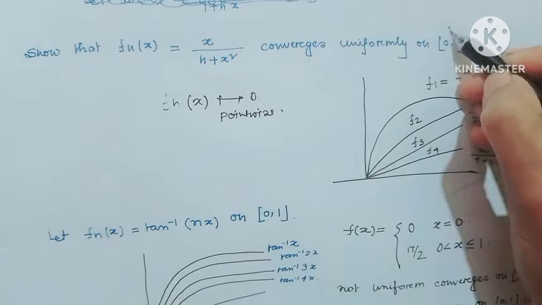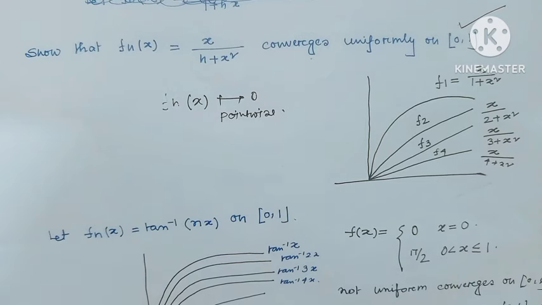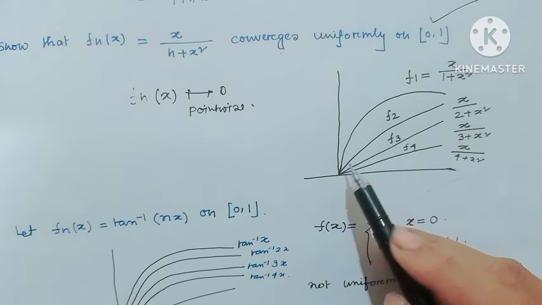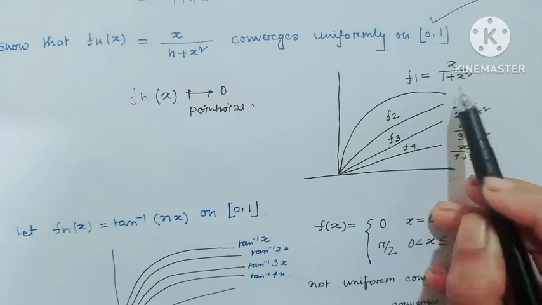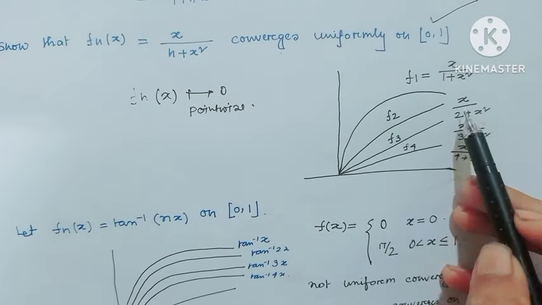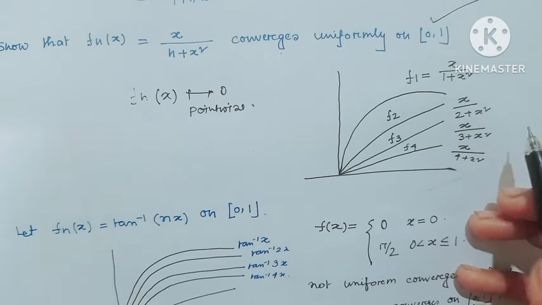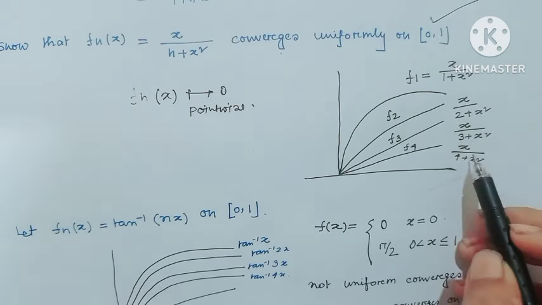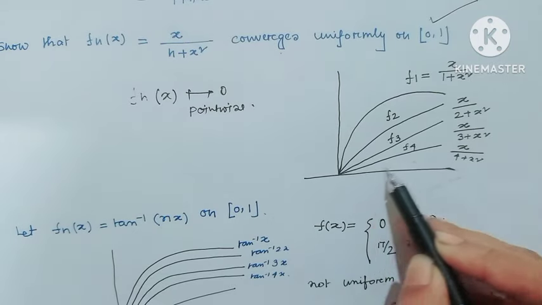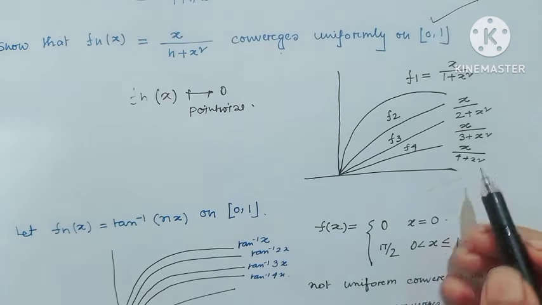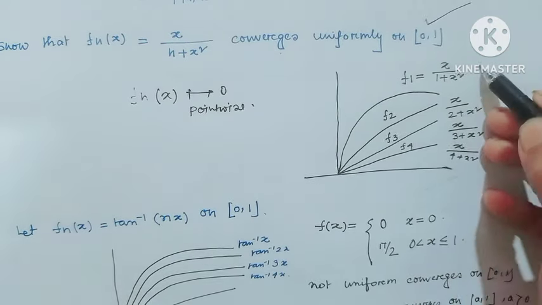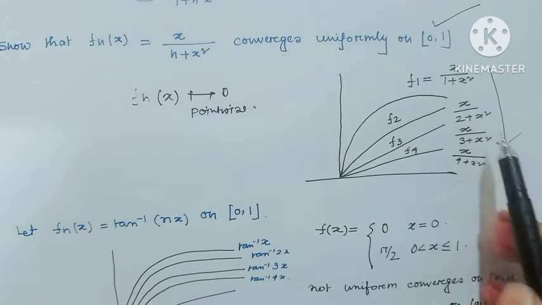And here the domain is the closed interval [0, 1], so we can apply Dini's theorem. Notice the graph of the sequence of functions: f1 is x over 1 plus x square, f2 is x over 2 plus x square, f3 is x over 3 plus x square, f4 is x over 4 plus x square, and so on. This is a monotone decreasing sequence.